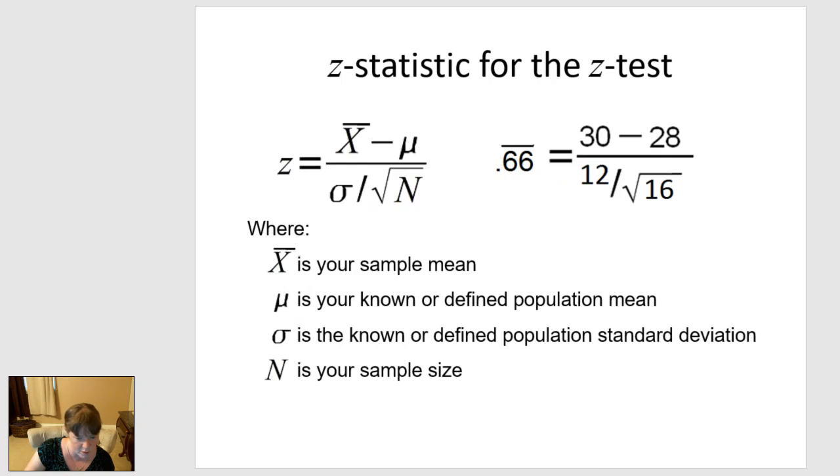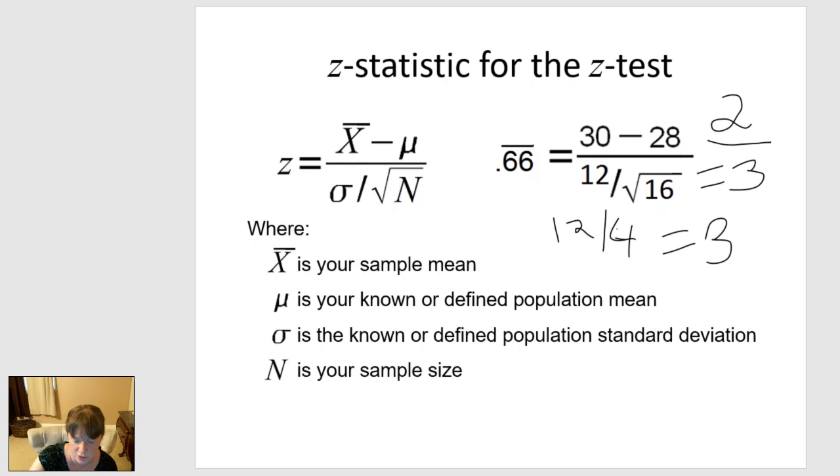And so this is our standard error, which as you recall turned out to be 3. 12 over the square root of 16 is 12 over 4, so standard error is 3. The bottom part of the fraction is 3. The top part of the fraction is 2, because 30 minus 28 is 2. 2 divided by 3 is 0.66666666 forever.